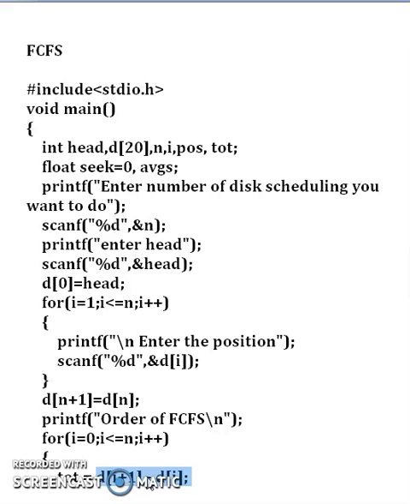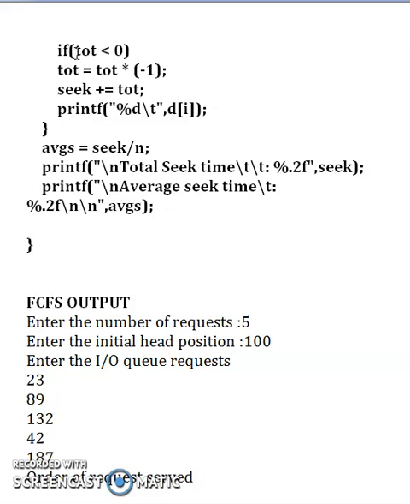That will be stored in the variable dot, and if the dot value is less than 0, you need to get the positive value by multiplying it by -1. If the value obtained after subtraction is negative, then you need to make it a positive value.